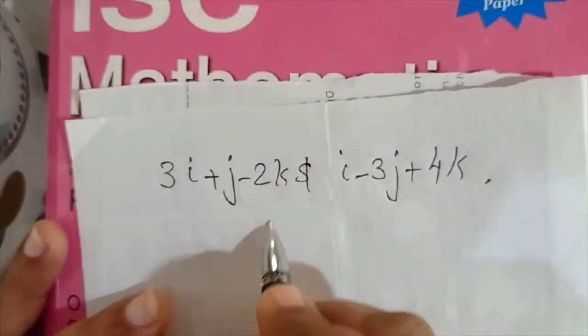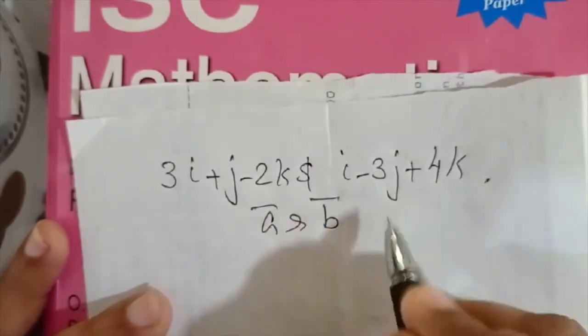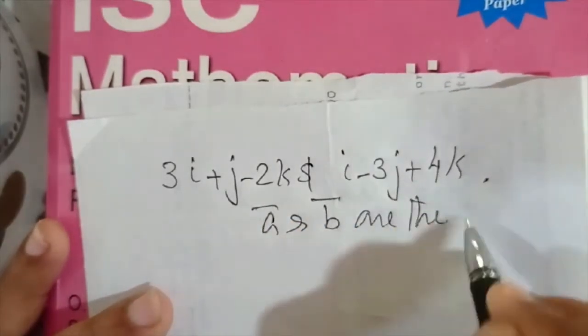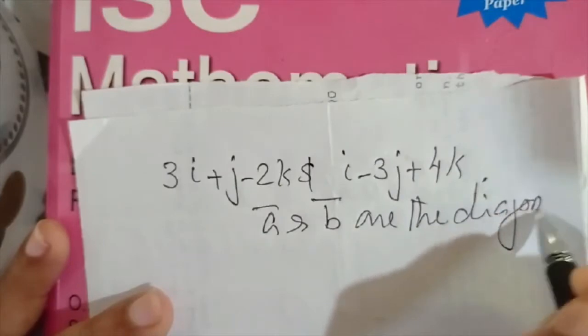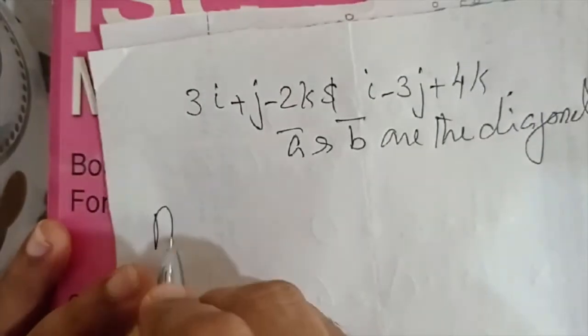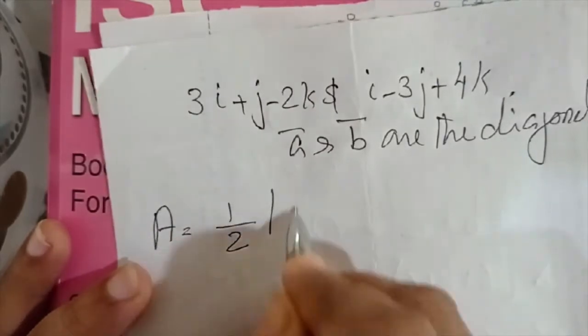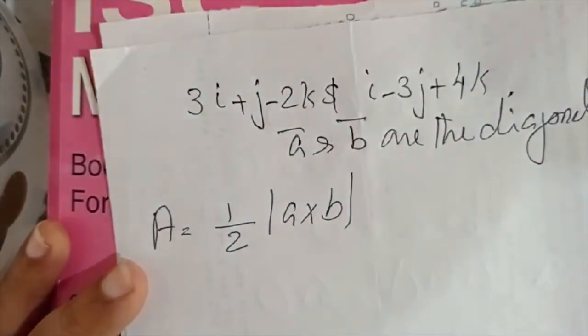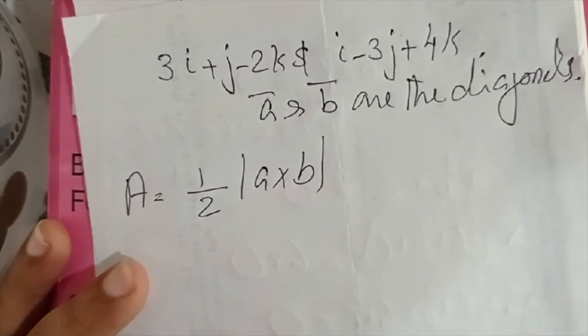Here what are the terms given? A and B are the diagonals of the parallelogram. Okay, then write area is equal to half mod A cross B.